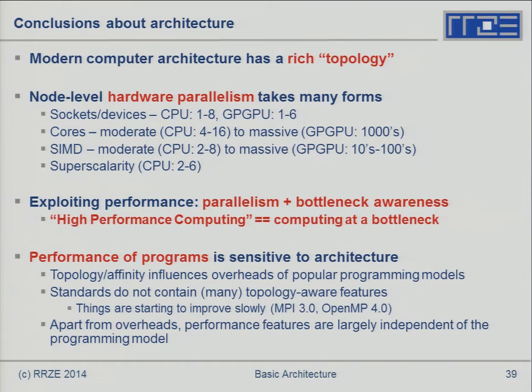And on GPGPUs, the SIMD parallelism is much wider. So the SIMD unit is probably 1 SMX on Keplers, or 1 warp, probably that's 32 cores. And we have superscalarity, meaning we can execute many instructions in each cycle, between 2 and 6. Usually 4 is the practical limit.